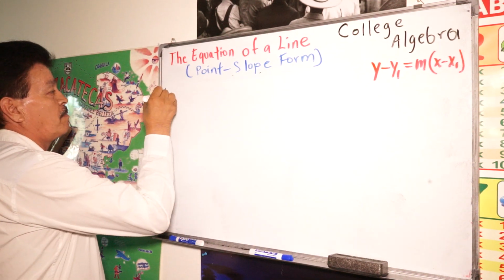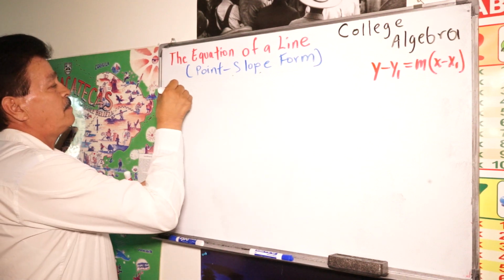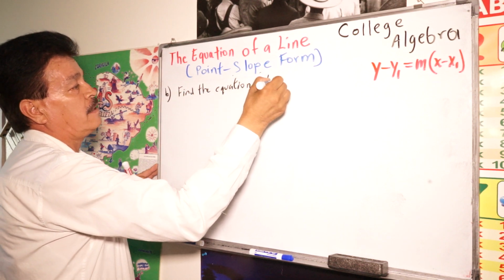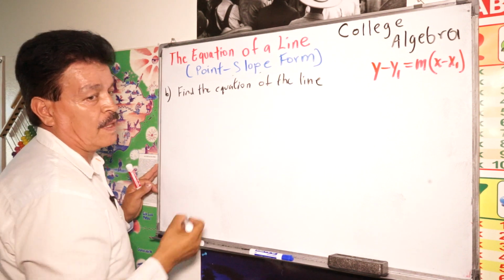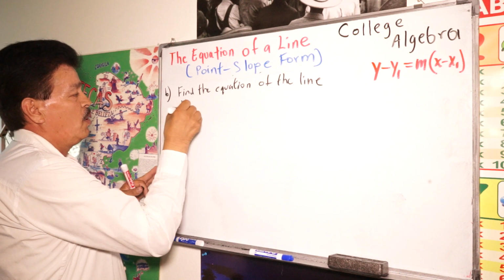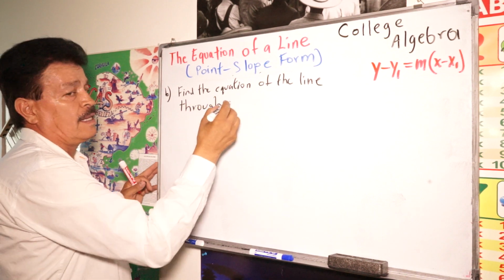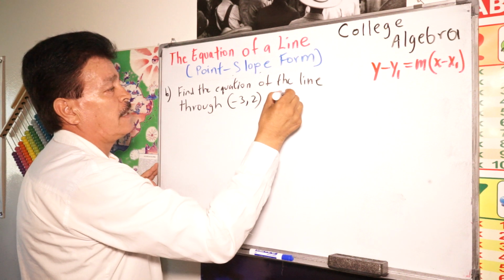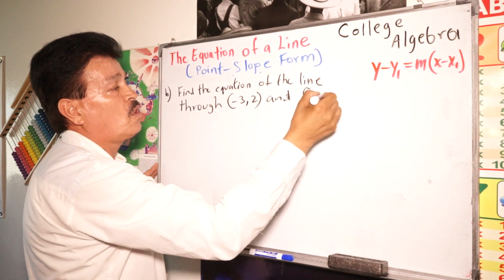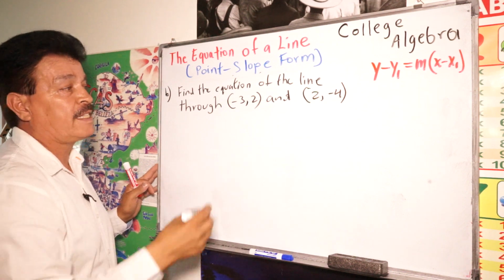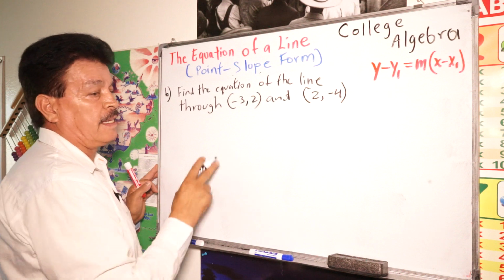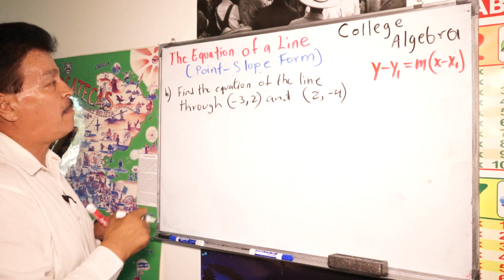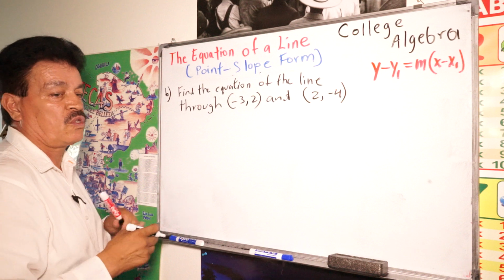Let's write problem B. Find the equation of the line through the points (-3, 2) and (2, -4). Write the answer in standard form.